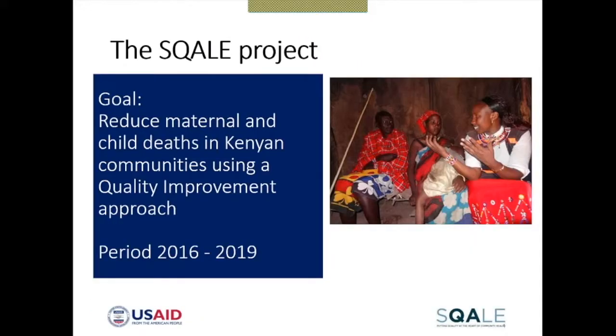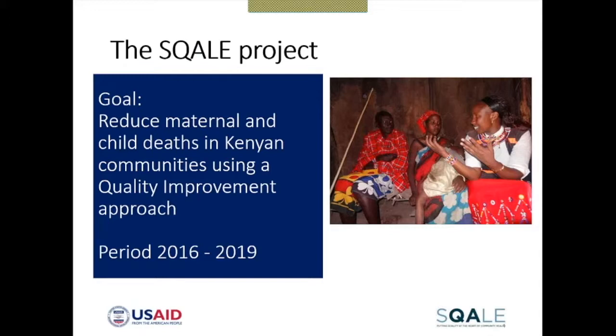So coming to the SQALE project in particular, this is a project that is a follow-on of an EU-funded project called Reach Out that was multi-country, aimed at strengthening community health systems. And within Reach Out, we were able to test or implement models for supervision of community health workers and quality improvement.